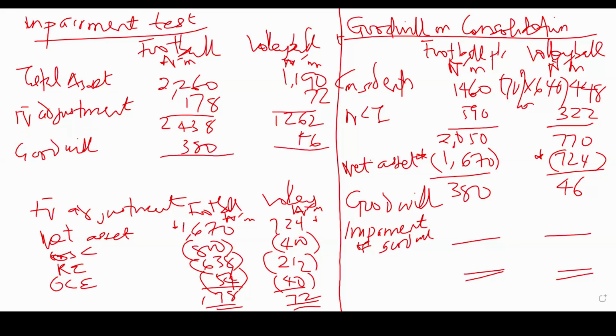How much do we have here altogether? 8182. How much do we have here? 8031. Okay. Now, how much did they tell us is the recoverable amount for Football PLC? 2850.